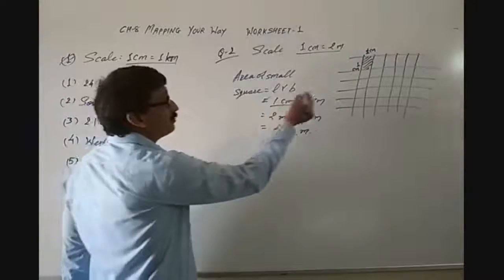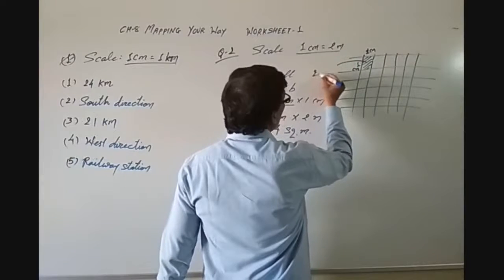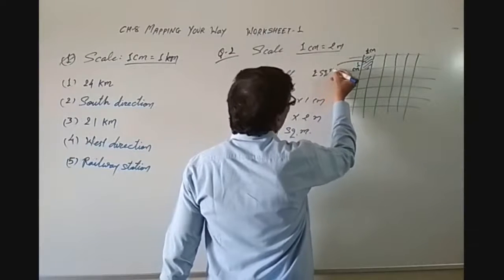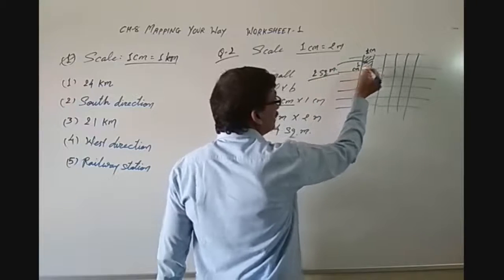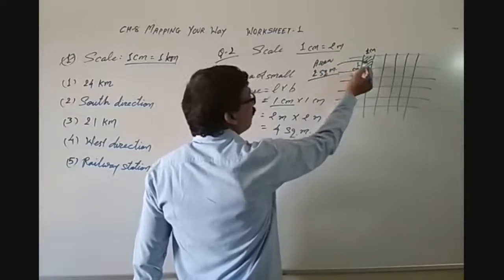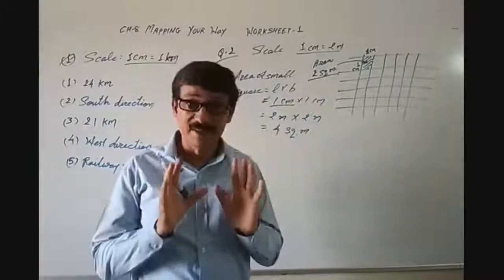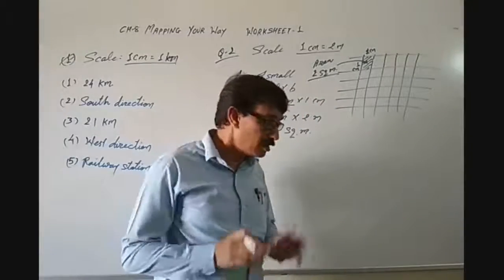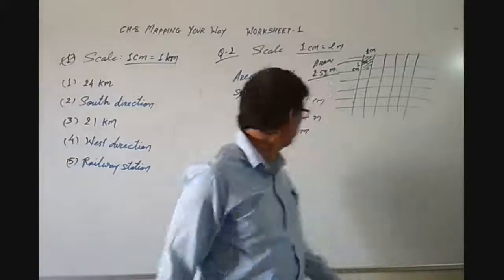So area of this small square is 4 square meter. Remember this. This is very important.